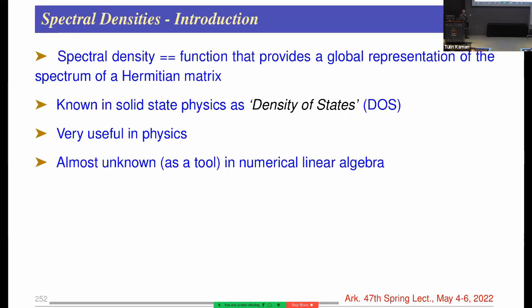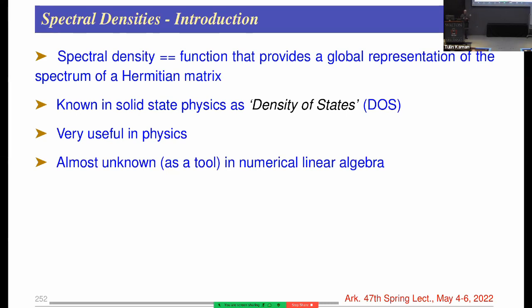In spectral densities, I'll just give you a brief overview of this thing. There's a lot of stuff required to go through all this. I'm going to be very brief. The spectral density, or density of states as it's called in physics, is a function that provides some sort of global view of the spectrum.